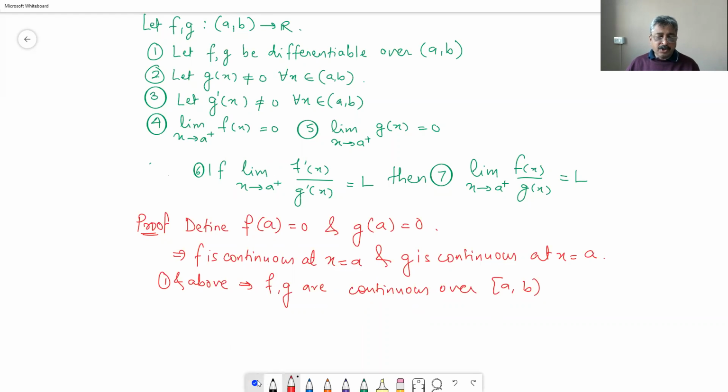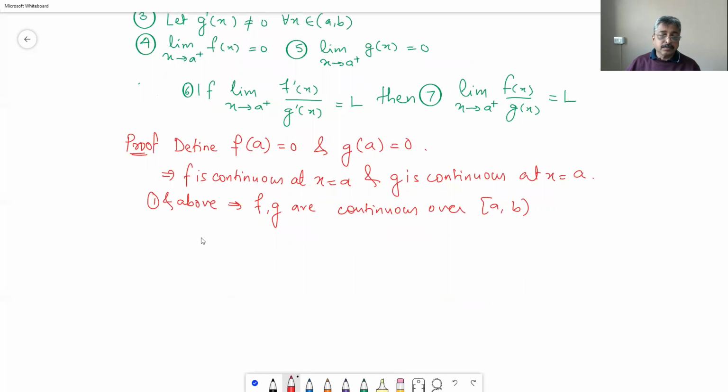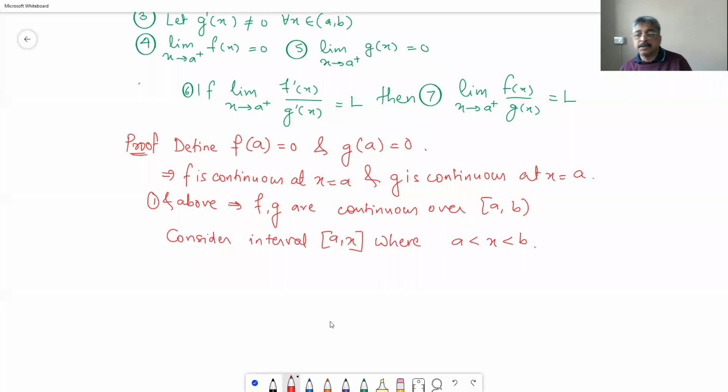And now, hence what we can say is consider the interval a comma x where a is less than x is less than b.